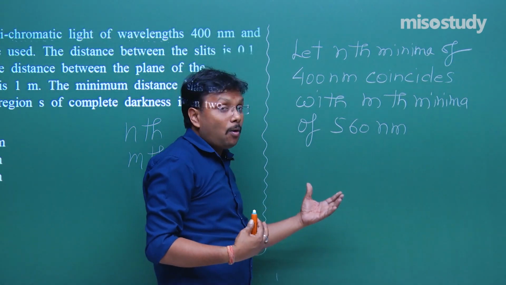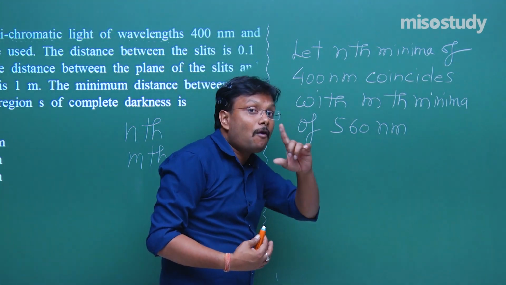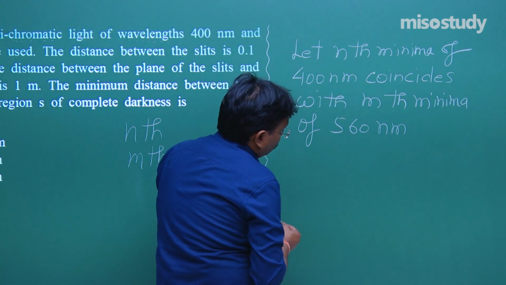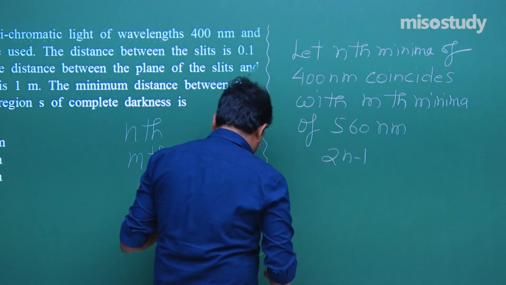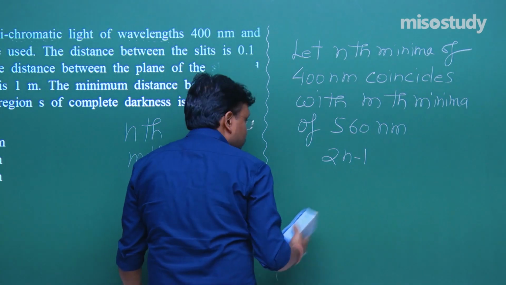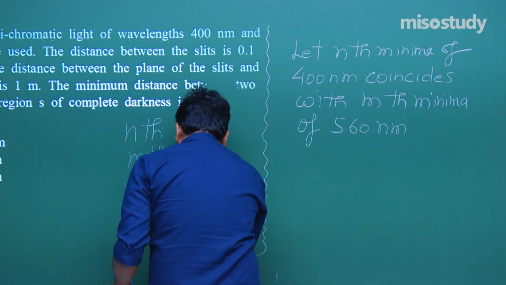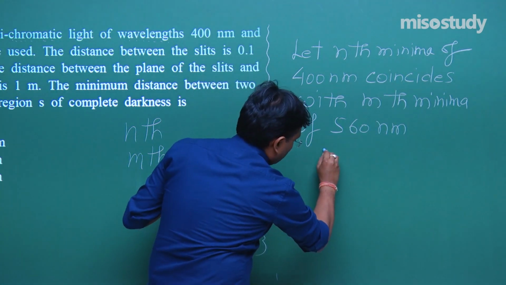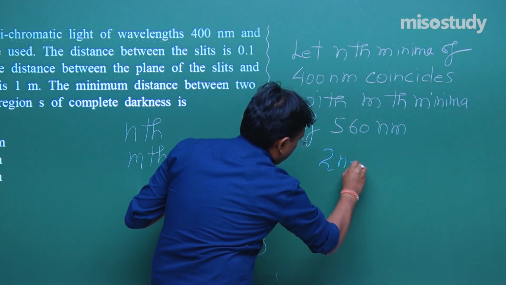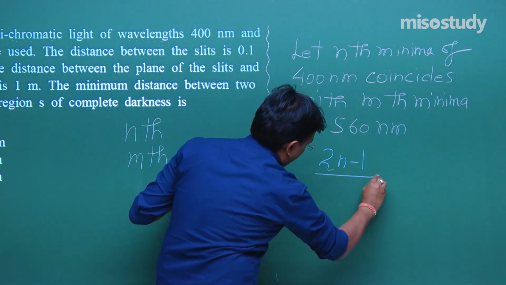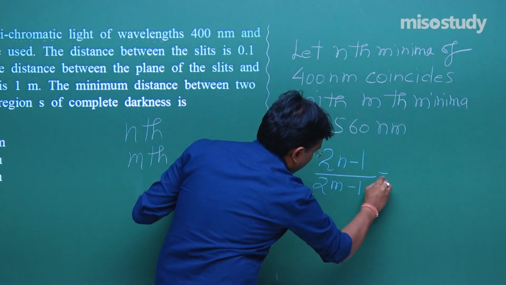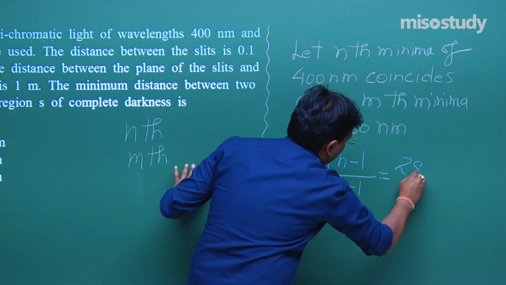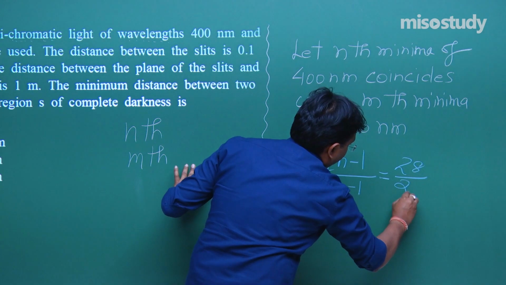So what we should do now? We should use this value in a formula. And what is that formula? The formula is (2n minus 1) upon (2m minus 1) is equal to 28 upon 20.